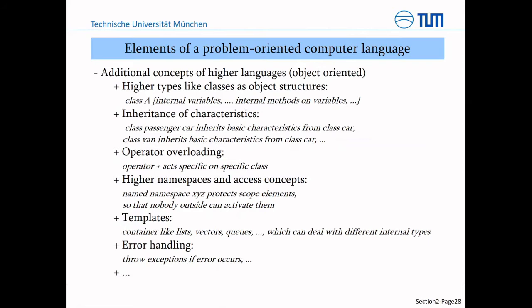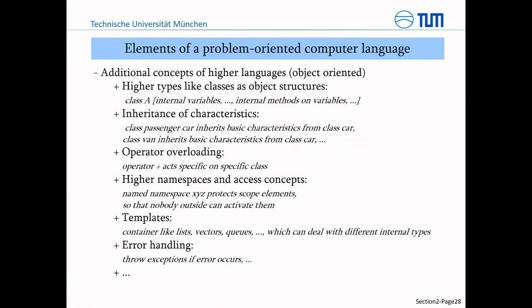And this is then where you jump into the object-oriented style, where you have, for example, higher types, so that you can define your own types, so that you don't have just your basic elementary types. You can define your own types based on classes. And then you can also inherit specific parts of this class, so that one type inherits information or structure from another type, so that you have no redefinitions of things.